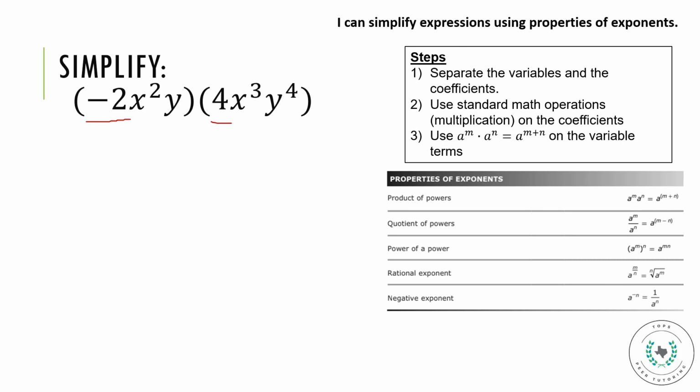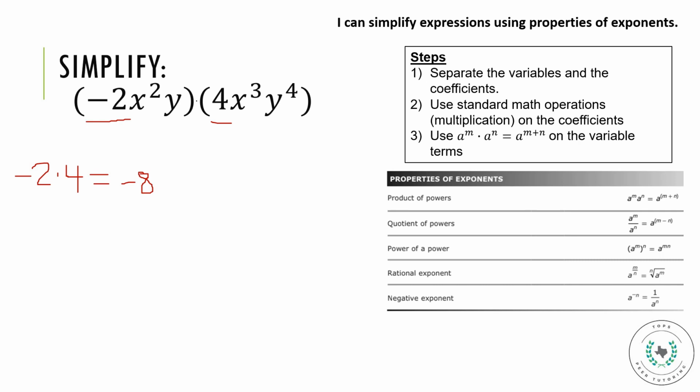So we have -2 and we have 4. And obviously, because we have 2 pairs of parentheses with nothing else in between, this is just saying that they're multiplied. You can just imagine that there's a very tiny multiplication symbol right there. You can probably barely see that, but it's there. So we're going to multiply the -2 and the 4 to get -8.